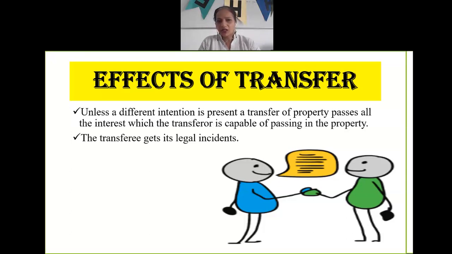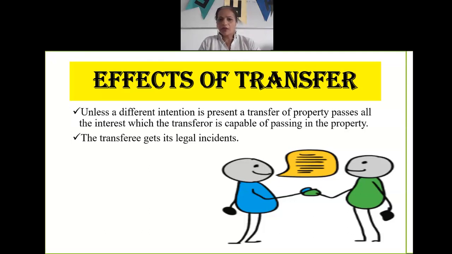As we have seen regarding the competency of the transferor, there is no competency requirement over the transferee, apart from this: suppose we are transferring an actionable claim, then the transferee needs to have a qualification that he cannot be a judge, he cannot be a legal practitioner, nor any officer who is associated with the court. Apart from that, there is no other qualification given by the Transfer of Property Act in relation to the transferee.